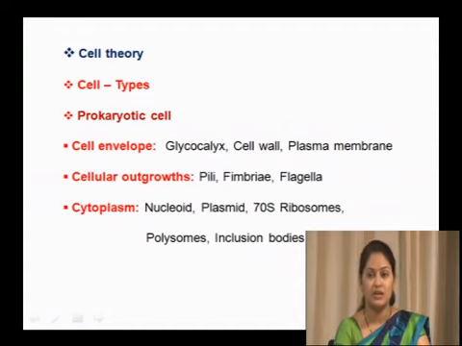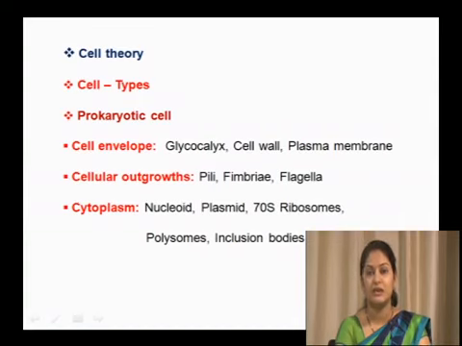Next to it are the cellular outgrowths, which are referred to as pili, fimbriae, and flagella. Pili and fimbriae are the outward growths which are proteinaceous in nature. Pili is found only in gram negative bacteria, and it is made up of a protein called pilin.